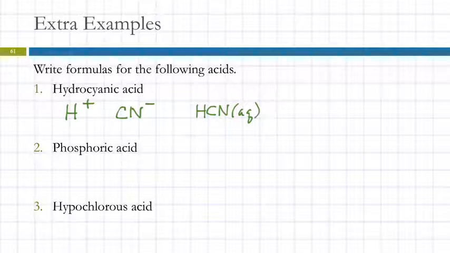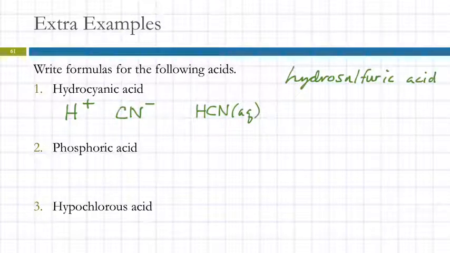Let's just do another one here. How about hydrosulfuric acid? Is that a binary or an oxyacid? Binary. Okay. If it starts with hydro, no oxygen. If it doesn't start with hydro, it's got oxygen. So this starts with hydro, so there's no oxygen in it.